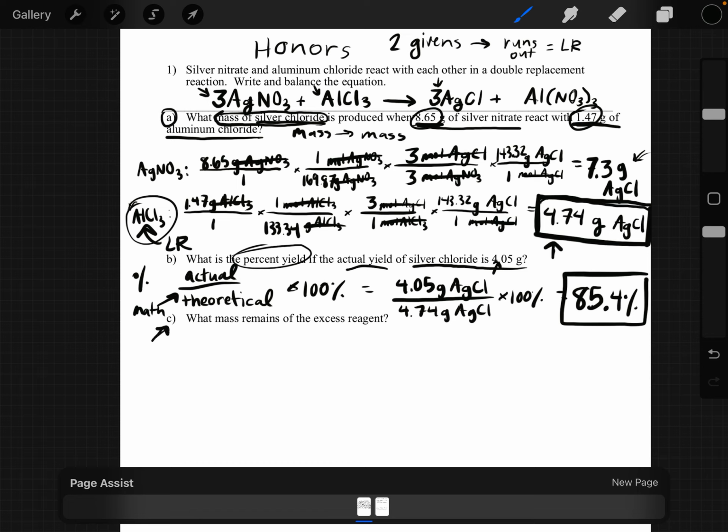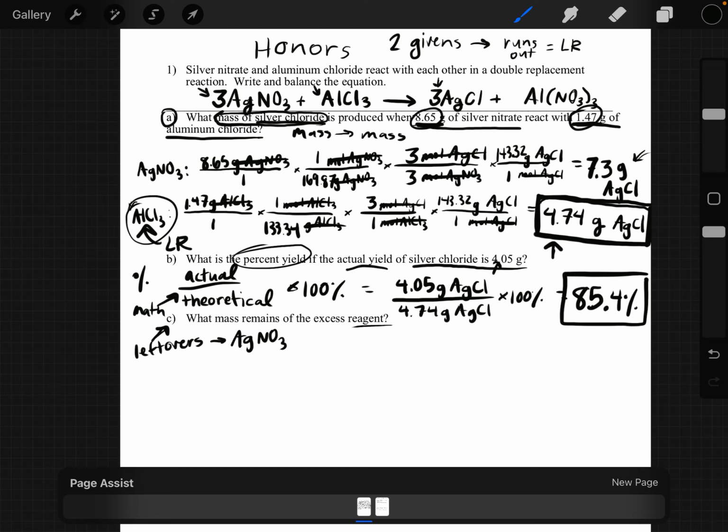Finally, this is another one that we can do, and this one's a little bit complicated. So our excess reagent is going to be whoever we had leftovers of. And in the previous part, we knew that that was going to be silver nitrate.